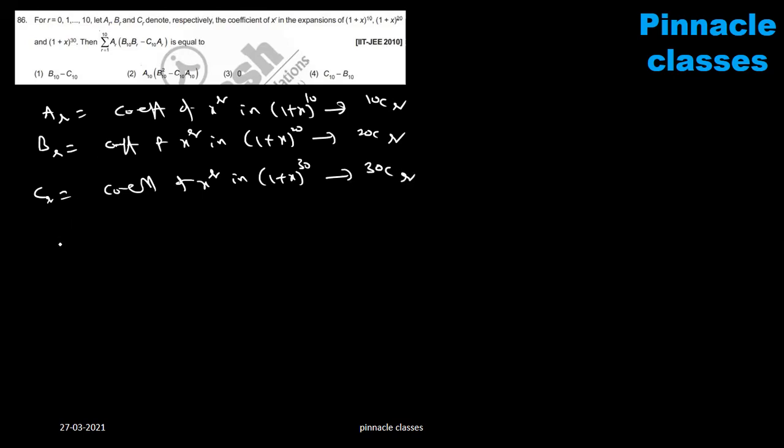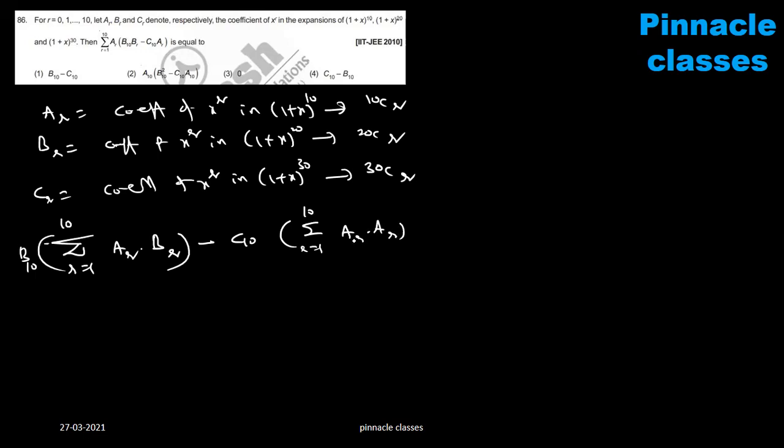Now, as usual, what is the question given? Sigma. B10 is the constant, take outside. Ar, Br. Minus C10 is the constant, Ar into Ar. What is the B10?